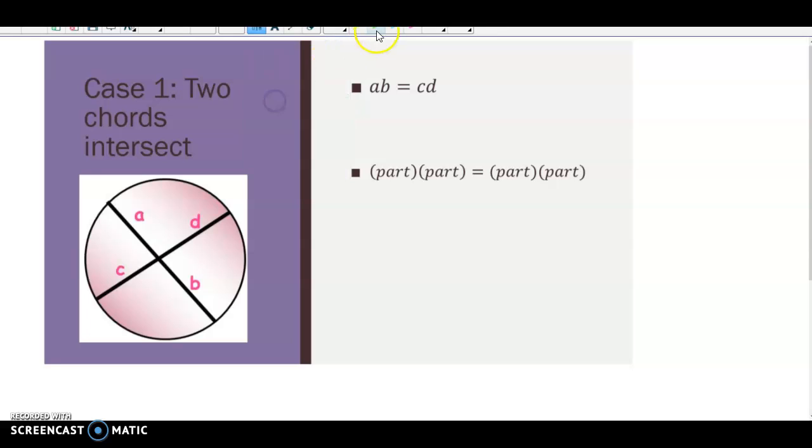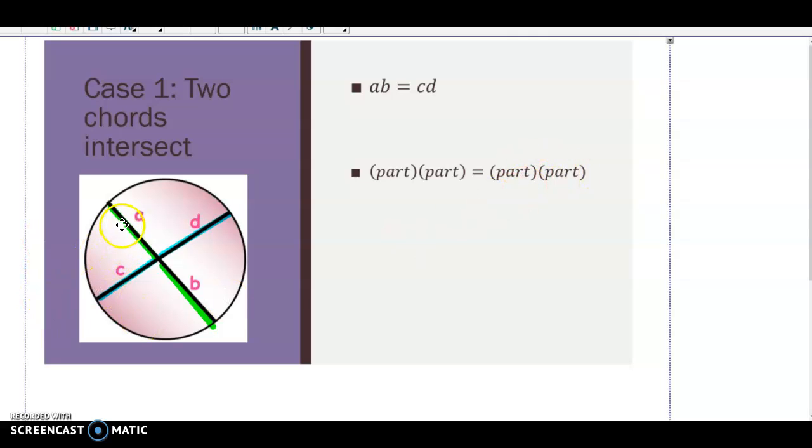I have a part here that's A and a part here that's B, and then I have a part here that's C and a part here that's D. So the relationship that exists here is A times B is equal to C times D. We can say that part times part is equal to part times part.